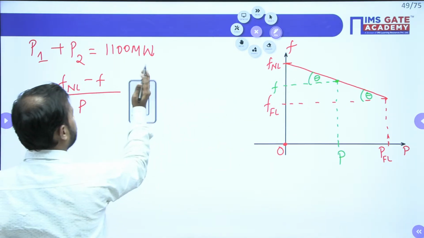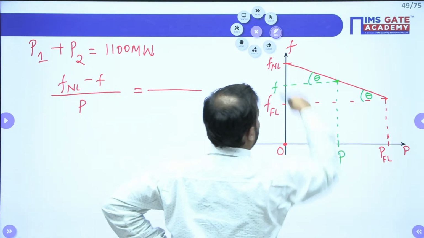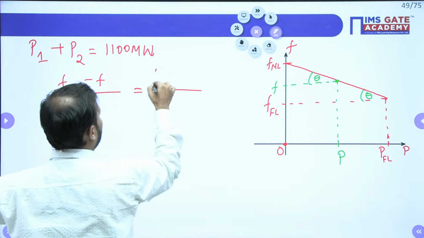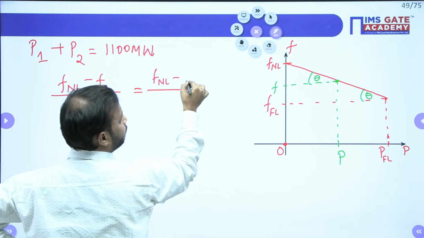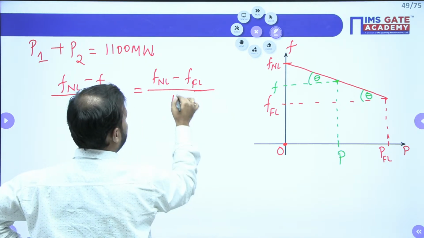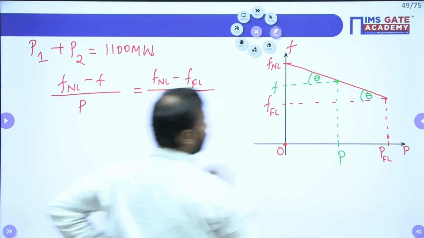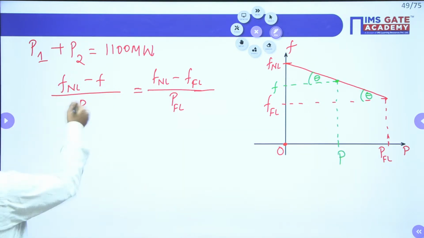This is equal to, for this triangle, FNL minus F full load whole divided by PFL. Okay, clear? So let us find P from here.